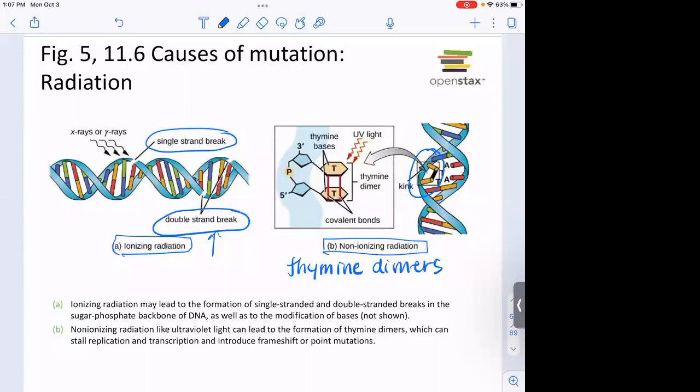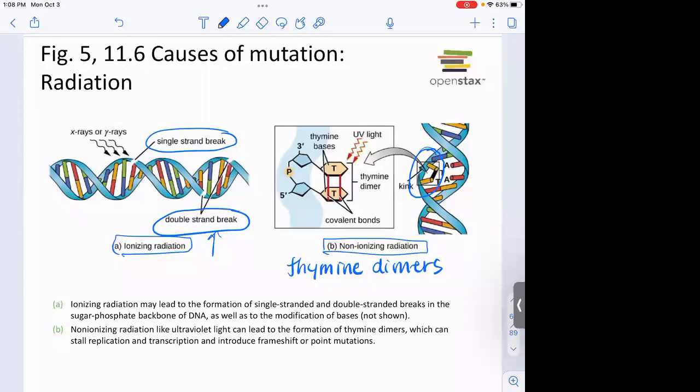Okay, so why thymines? It's just something unique about the structure of that thymine base that makes that more likely to happen. Sometimes it happens with the other pyrimidine, cytosine, but most likely thymines. And you can see if those two thymines are bound to each other, it does cause a little bit of a bulge in the DNA.